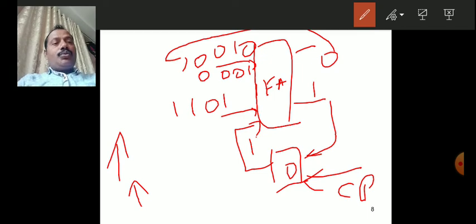The Y number is also rotated left. That means 1 1 1 0, and this carry bit is shifted to its output like this. Carry 1. Okay, these are the new bit patterns. Now let us erase the previous ones.